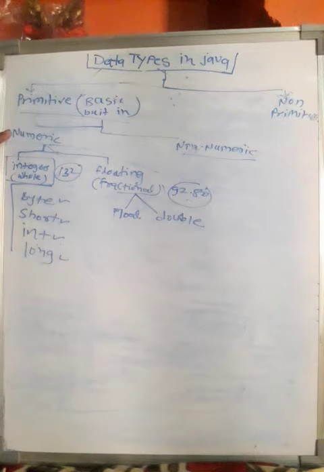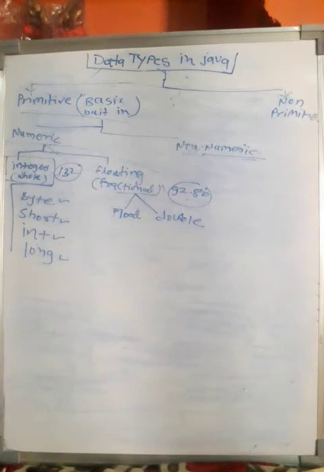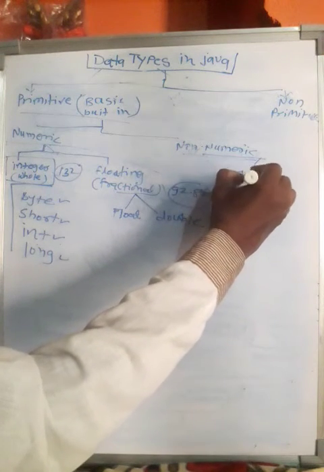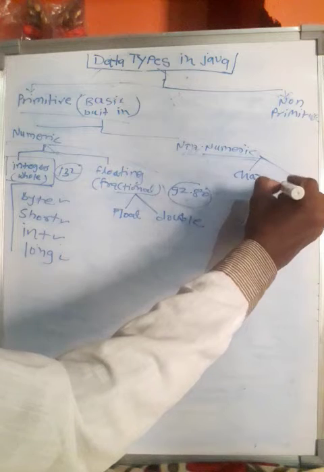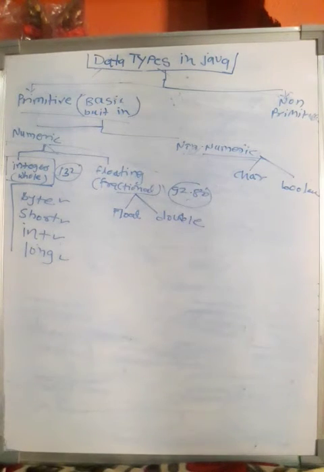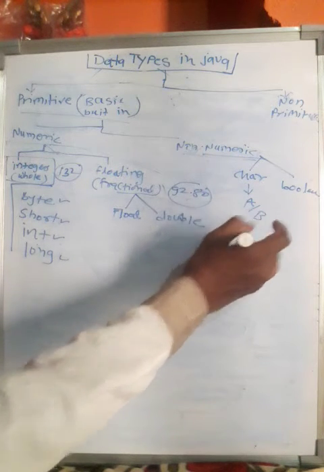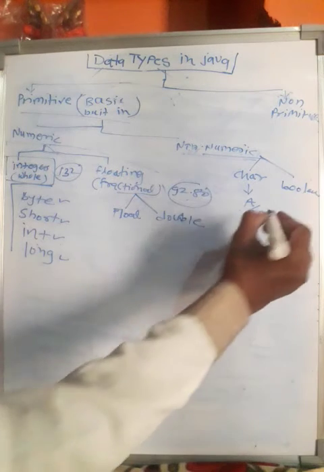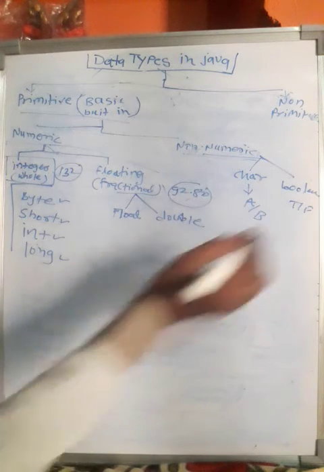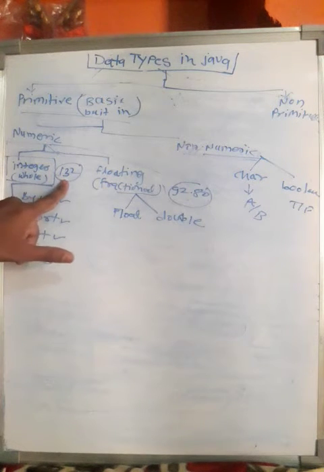Opposite to numeric, there is non-numeric, and these are characters and boolean. Characters mean to store simply a character, that may be A, B, etc. Boolean means true or false. Numeric may be integers or floating.